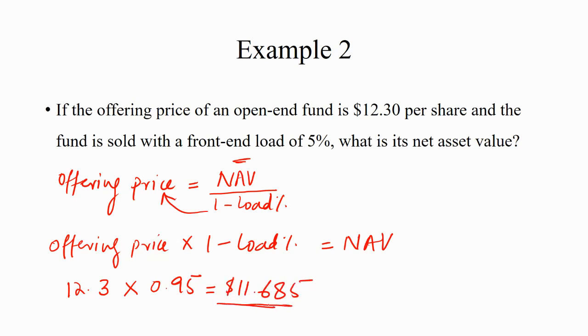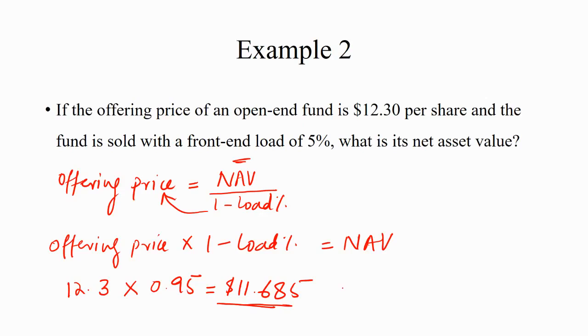This is the net asset value. It means out of 12.3 which the investor invests at the start, 5% will be charged as a front end load, or sales commission or sales charge, and the net asset value will be 11.685.